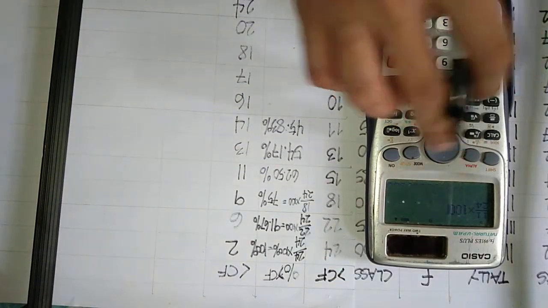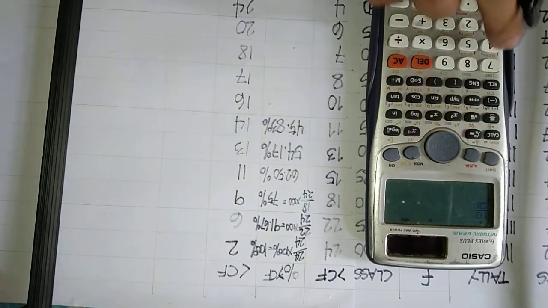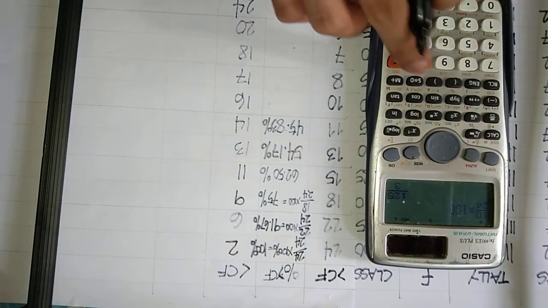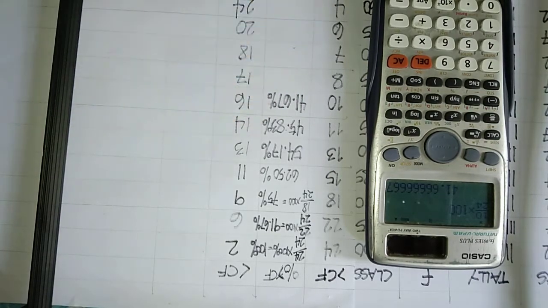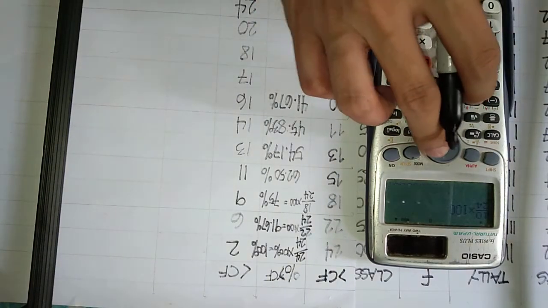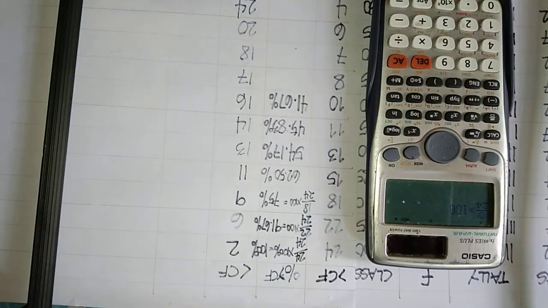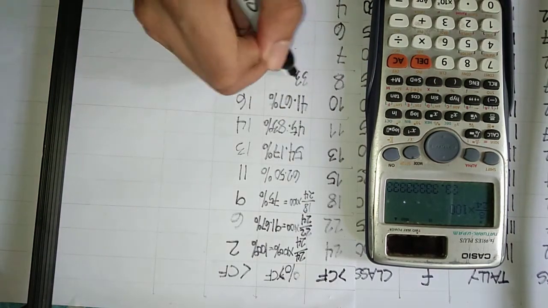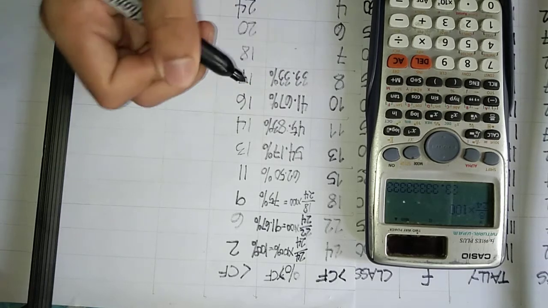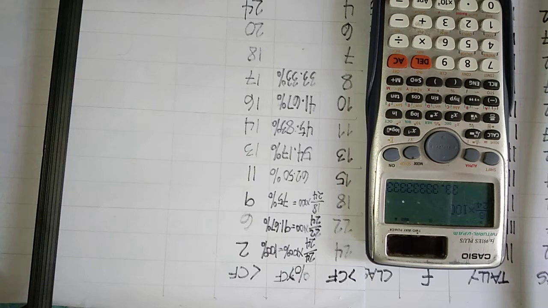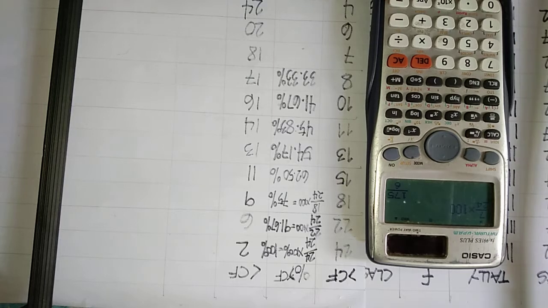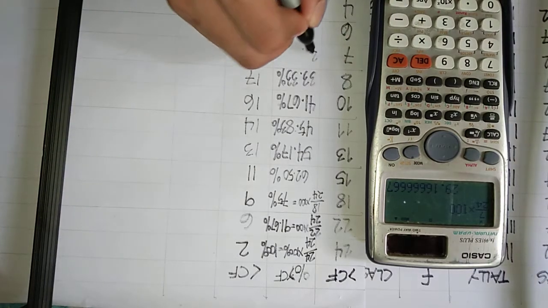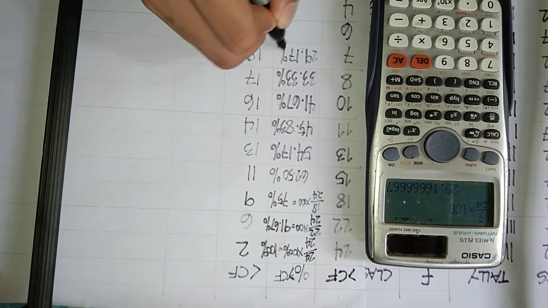Yung 10 naman. So we have 10 divide 24 times 100, that is equal to 41.67%. Next is yung 8. So we have 8 divide 24 times 100, we have 33.33%. For yung 7 naman natin, first we have 7 divide 24 times 100, that is equal to 29.17%.